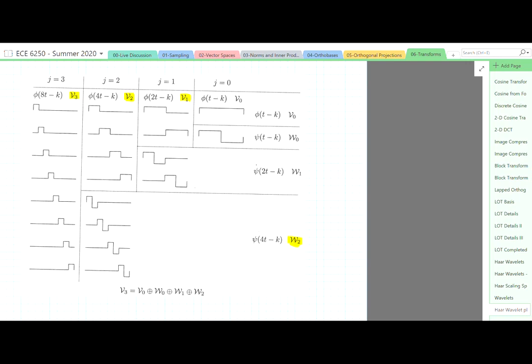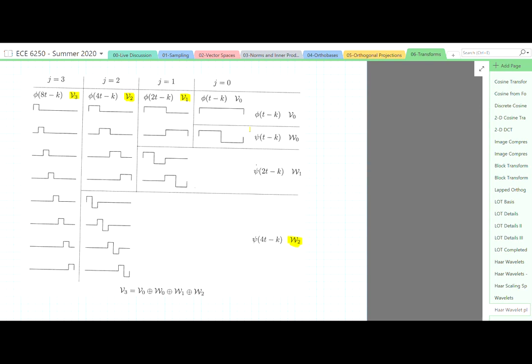Now this little flip is one of the tricks to understanding what's going on when we move to filter banks. In that particular case, you might view the approximation, and this is just for intuition, it's not totally accurate, but you would view your finest approximation as your individual samples, and as you go to coarser approximations towards the right, you're getting kind of averages and differences between those samples.